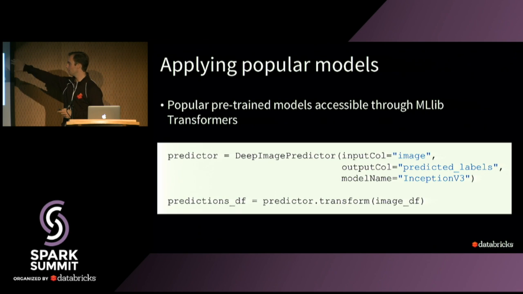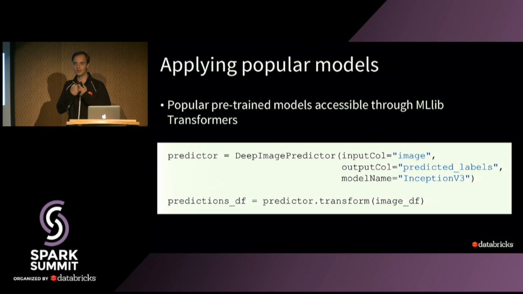But really, all you need to know is that if you want to load an existing model, for example, Inception from Google, all you need to do is load this predictor, point to which column in the data frame contains the image input, and point to the output of this model. In this case, it is going to be predictions with labels corresponding to different categories.